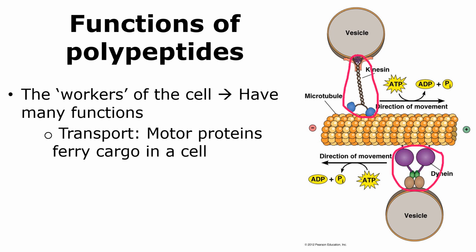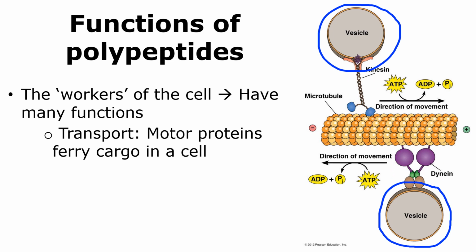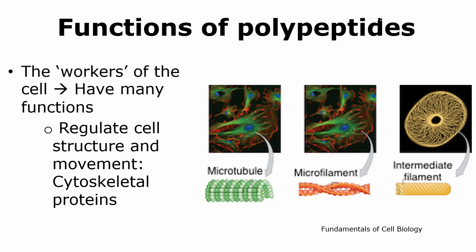So in this figure, we are able to see two different motor proteins, the kinesins and the dyneins. And we're able to see how they bind to cargo, which in this case is a vesicle, and transport that cargo from one part of the cell to another part of the cell.